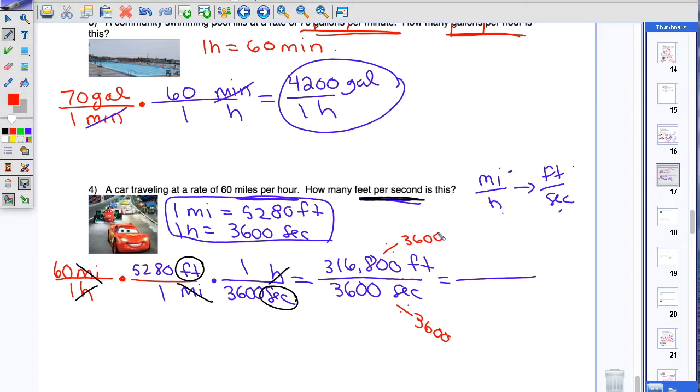So we end up with 1 second. 3,600 divided by 3,600 is 1 second. And when we divide out the 316,800 by 3,600, we end up with 88 feet. So if a car is traveling 60 miles per hour, it traveled 88 feet in 1 second.